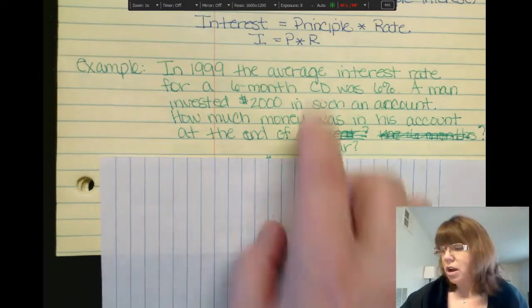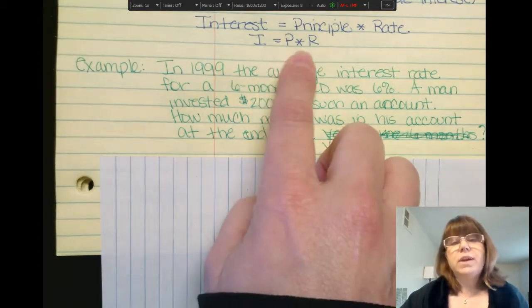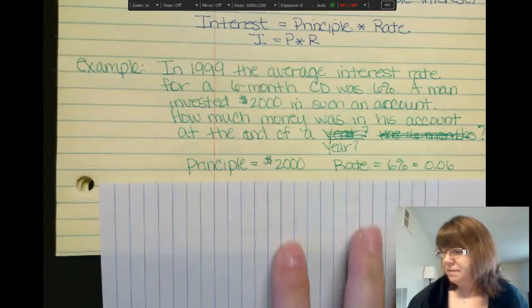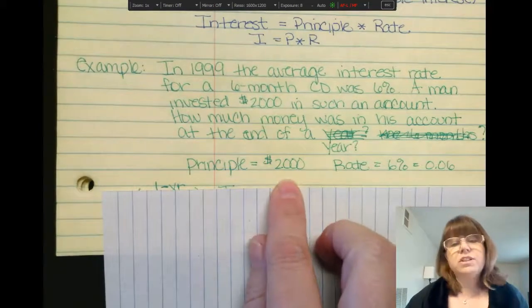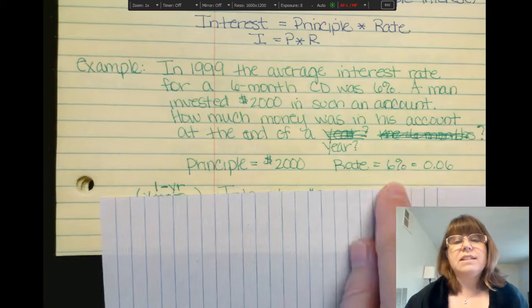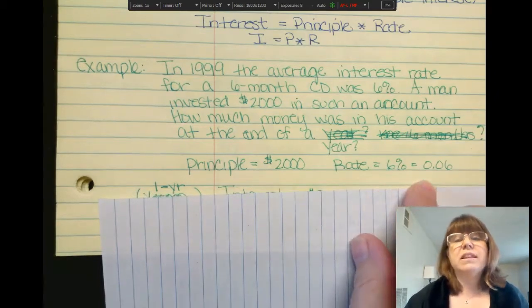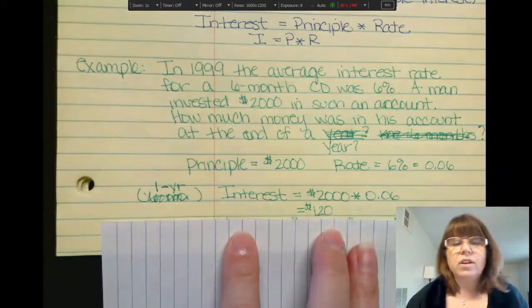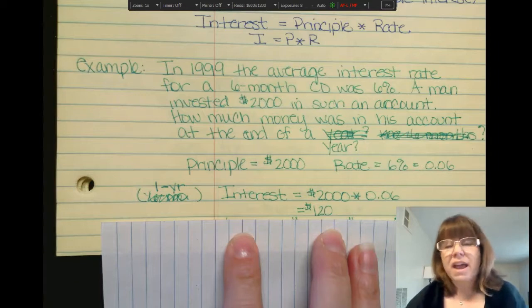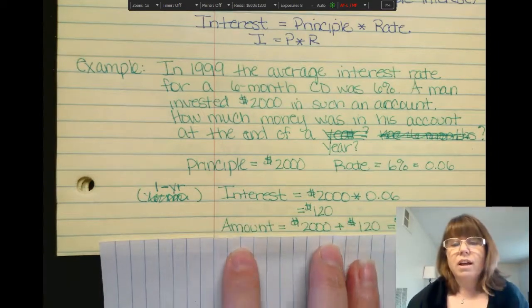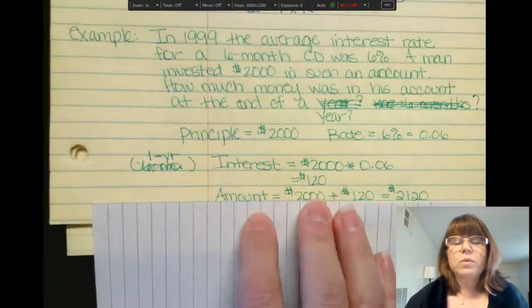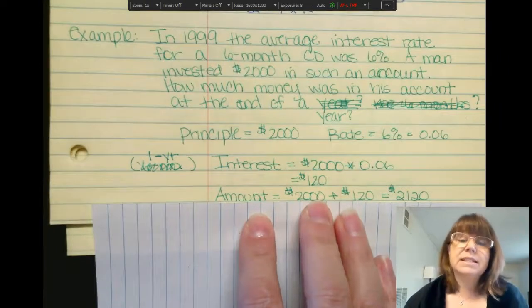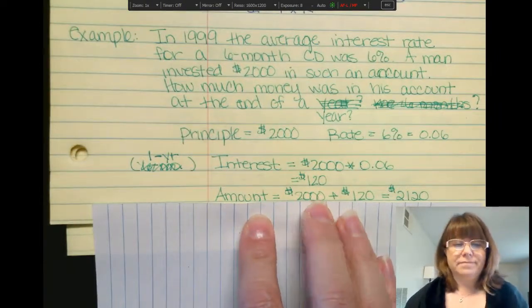So we're going to use our principal times rate equals interest. In this case, our principal is $2,000. Our rate is 6%, in decimal format, that's 0.06. So after 1 year, he gets $120, plus he gets his $2,000 back for a total of $2,120, just for letting his money sit in the bank for a year.